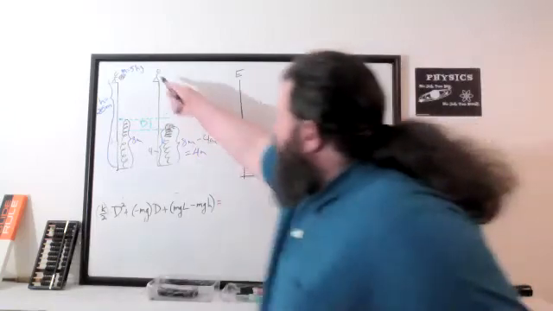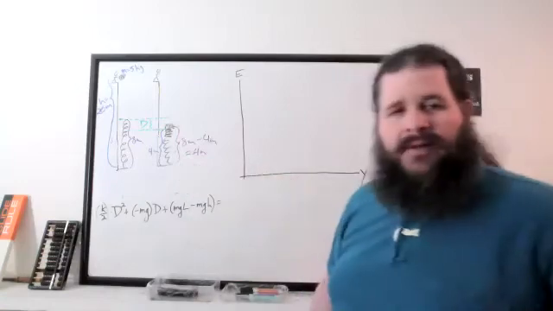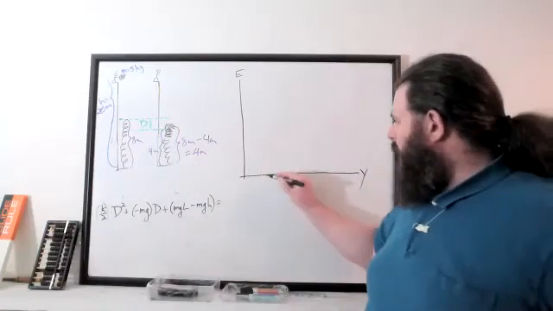So from 20 meters down to 8 meters, we only care about gravity. From 8 to 4, we care about both gravity and the spring. So I'm going to put marks at 4, 8, and 20.